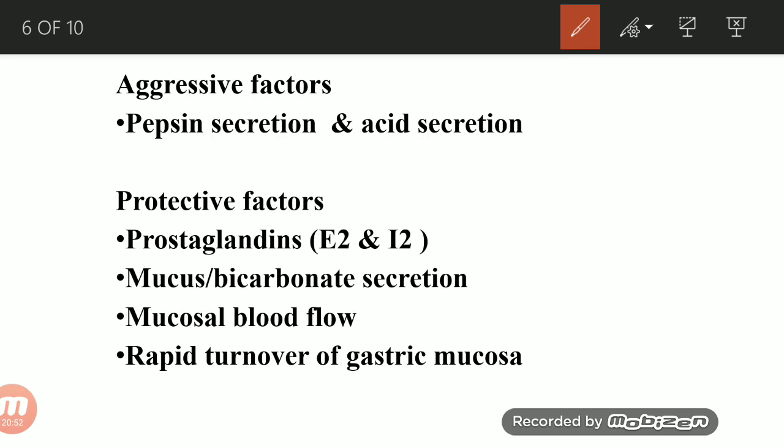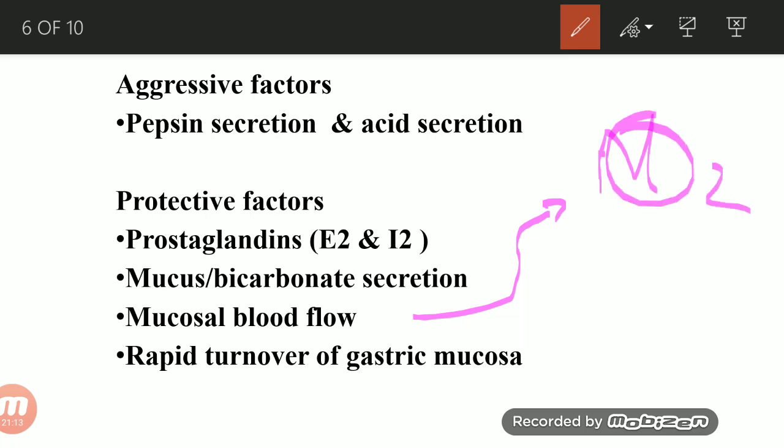So whenever we talk about mucosal blood flow, the metabolic activity of the cells of your GI tract, your epithelial cells, is very high. So there is always a high demand of oxygen as well as nutrients.